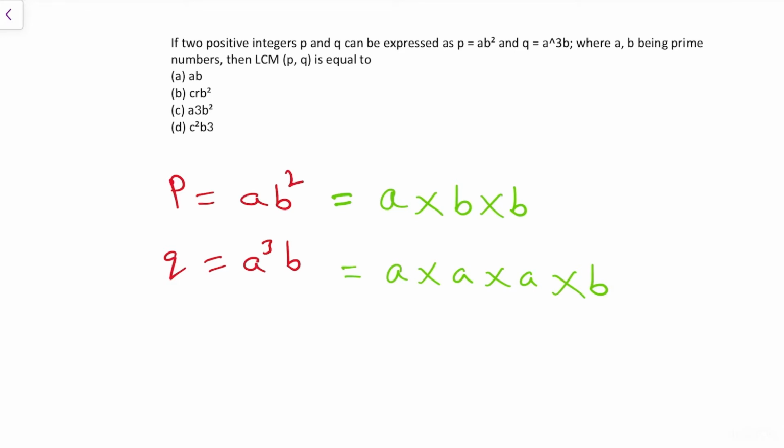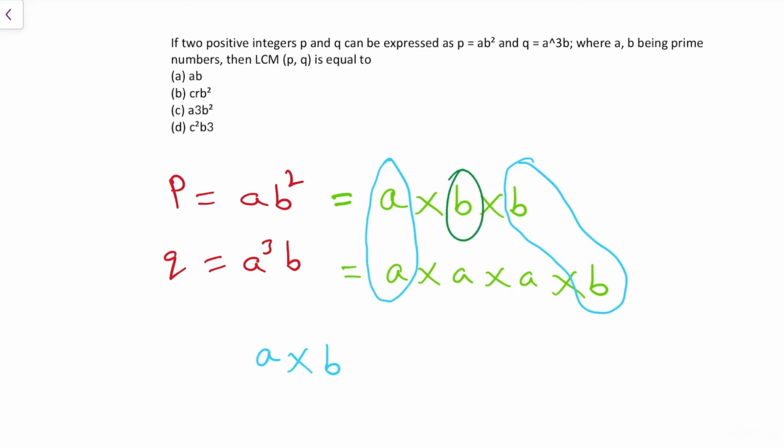Now he is asking to write the LCM of these two. What we need to do is first check the common factors. Here a is common, so write that, and b is also common in both, write that one also. Now whatever extra is remaining, write that also. Here b is extra, so into b.